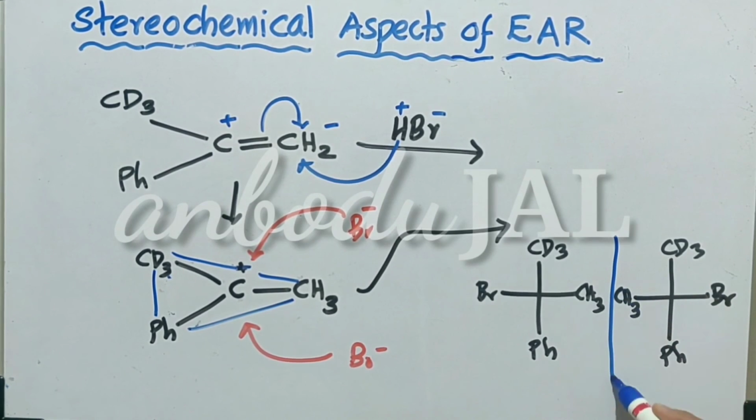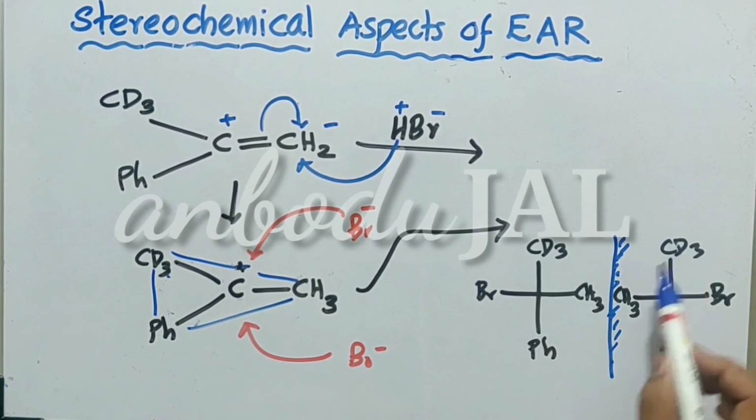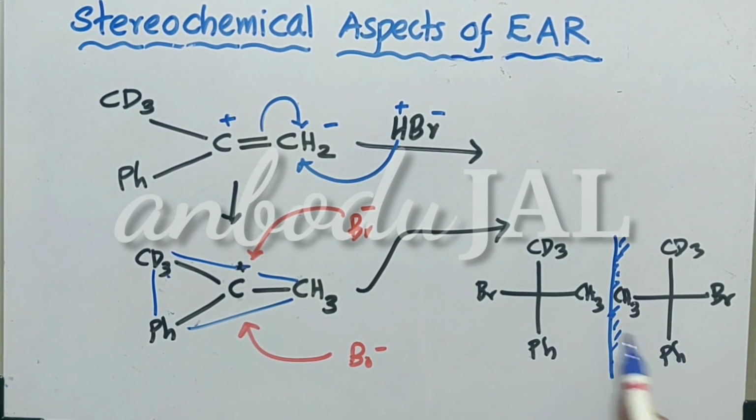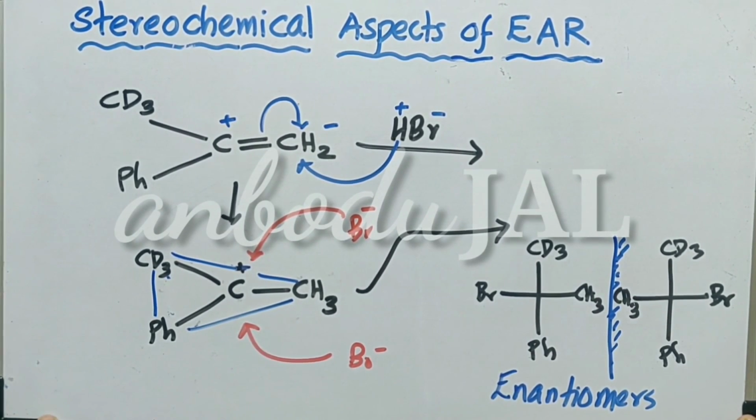These two are mirror images of each other. Are you okay? CD3, CD3, PH, PH, Br, Br. Two stereoisomers or optical isomers, which are mirror images of each other, are known as enantiomers. Okay, we are using the Fischer projection formula here just for information.